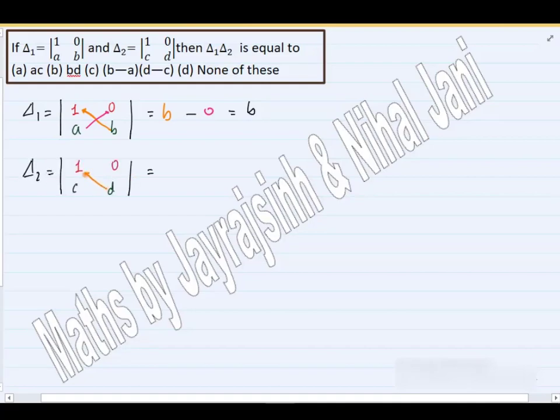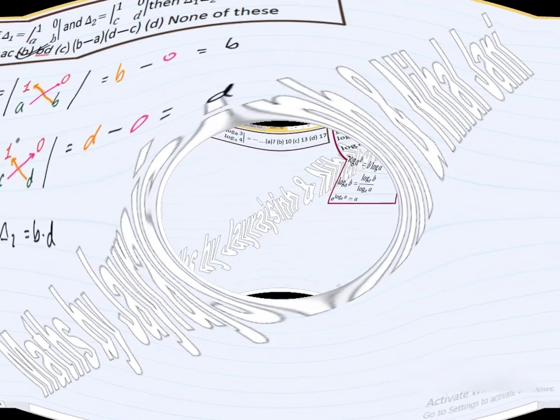D will go with 1 will give us D, minus C into 0 will give us 0. So here we get D. So simply you can say delta 1 into delta 2 is nothing but B into D. Ta-da! Option B is your answer.